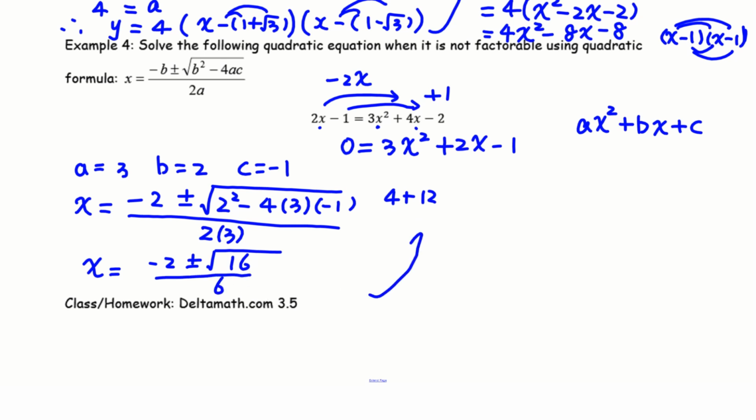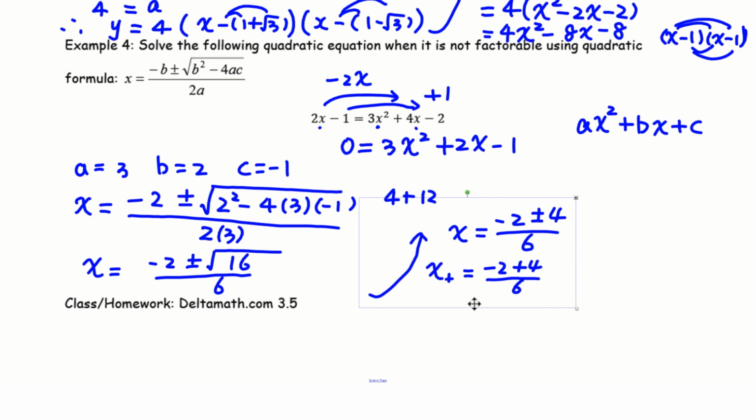Then continue. x equals negative 2 plus minus square root 16, which is 4, over 6. For the plus, negative 2 plus 4 over 6 gives you x plus equals 2 over 6, lowest form is 1 over 3.